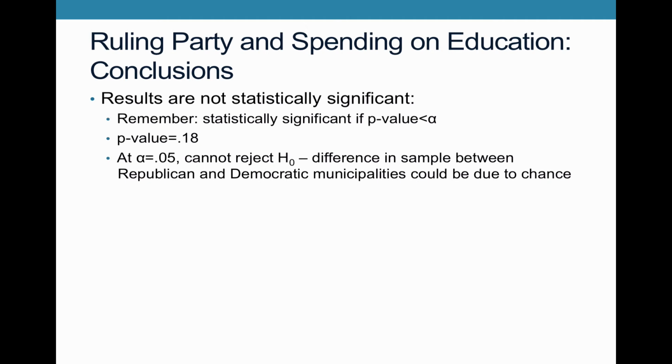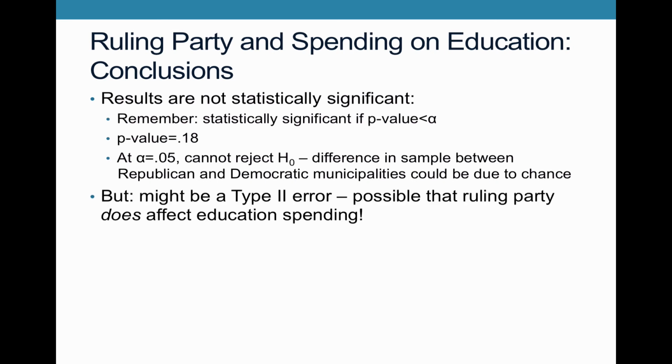We can't say that the difference in our sample is because Republican and Democratic municipalities are actually different. We have to say that it still could simply be due to chance, due to sampling some particularly crazy municipalities in either category. But here's the important thing to keep in mind.